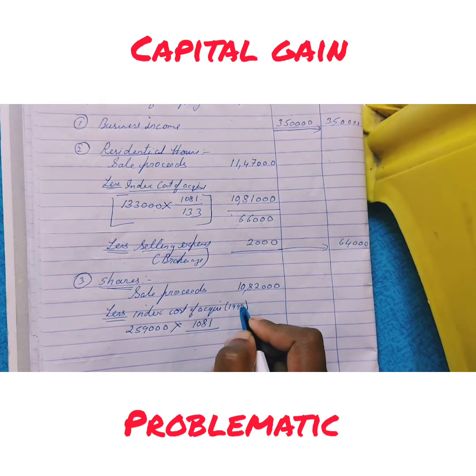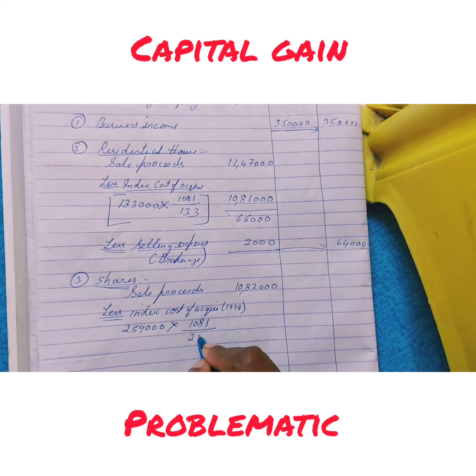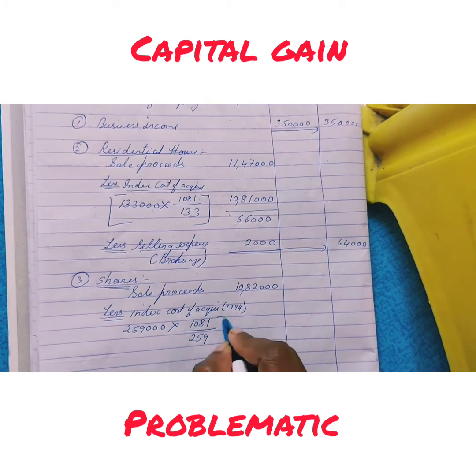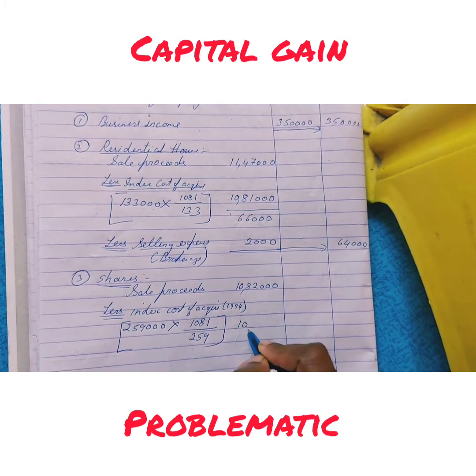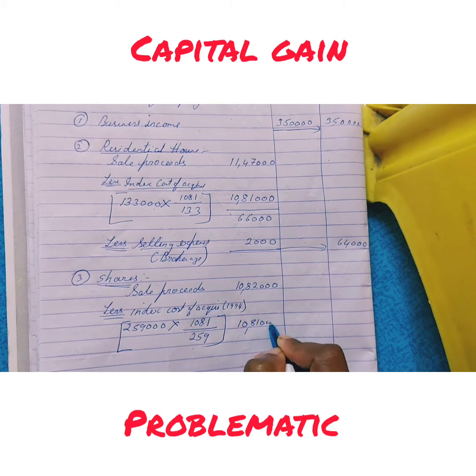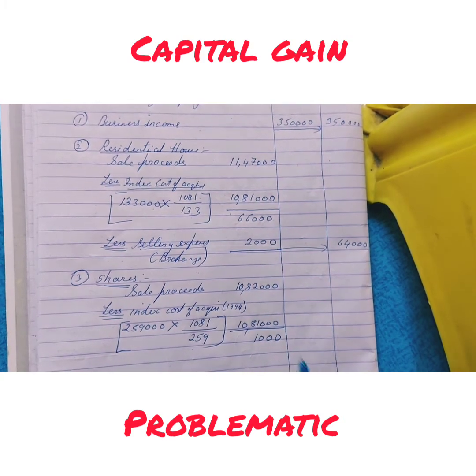So 1994 index is 259. So 259 should be divided. After all the simplification, I got the same 10,81,000. So 1,000 is remaining.